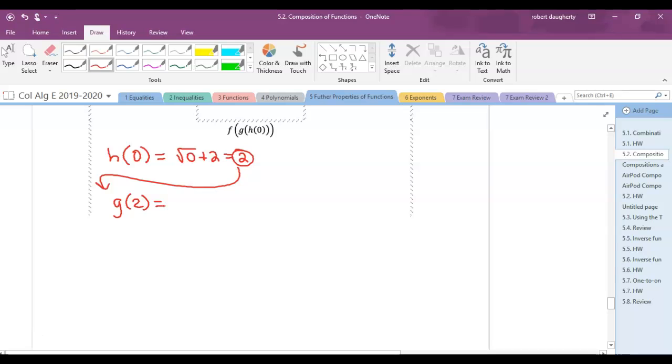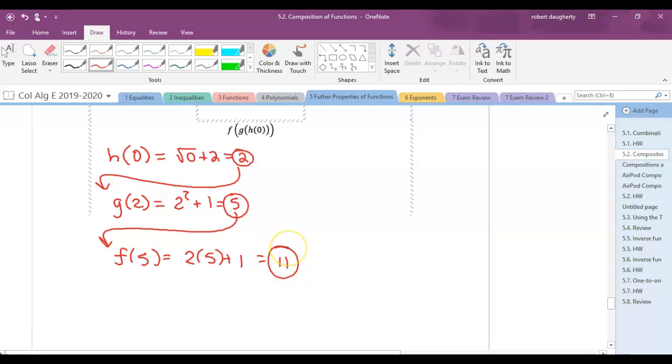What's G? X squared plus 1. So that's 2 squared plus 1, which is 5. That number needs to get plugged into F. F of 5 is, what is it? 2 times 5 plus 1, which is 11, right? Okay, so you're just repetitively applying functions. That's all the composition really is.